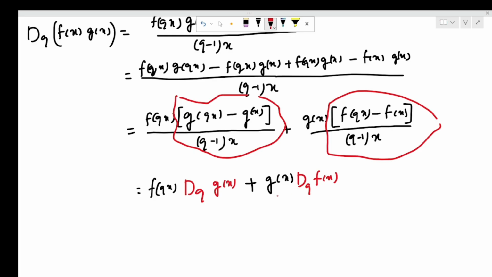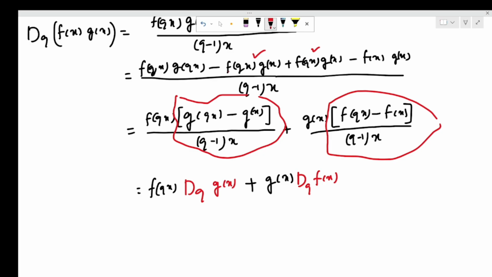Fine. Now a point to be noted is that this is the first way we can represent the derivative of the product of f of x and g of x. Here we subtracted f of qx, g of x and then added the same term.